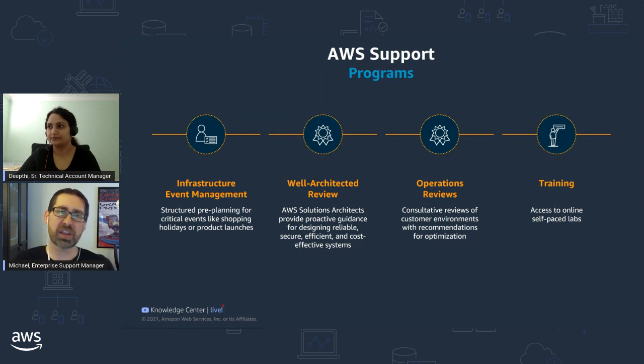So just like at the top of the episode, I was talking about continuous education and a number of different entitlements that the TAM can bring to you in terms of immersion days and deep dives and all of that other stuff. But AWS has a ton of self-driven, free training and education on the AWS certification and training site. Please feel free to go there.